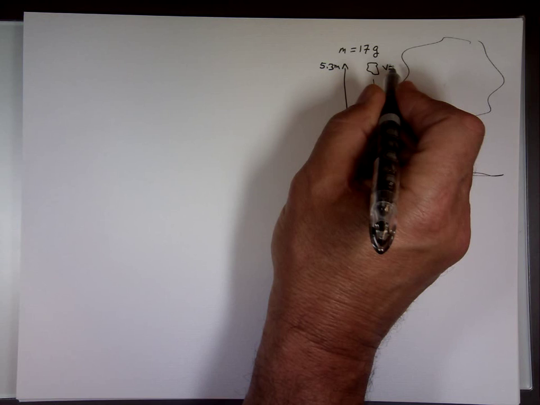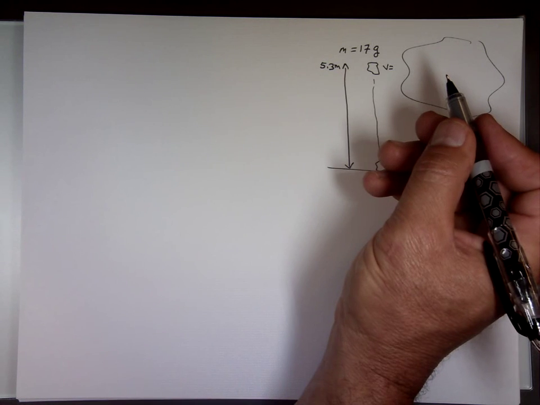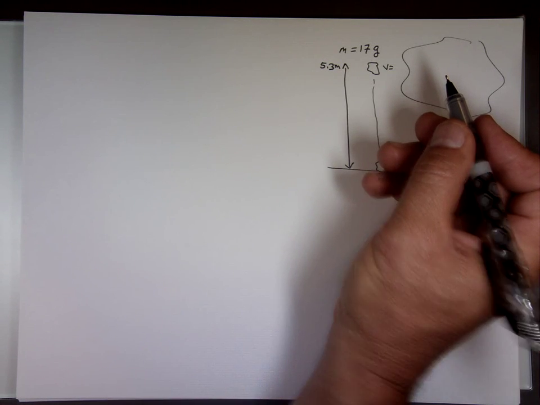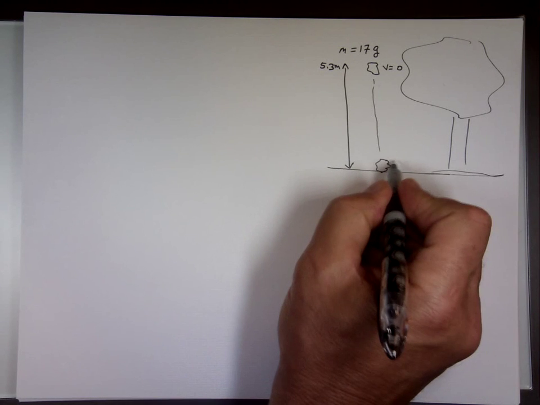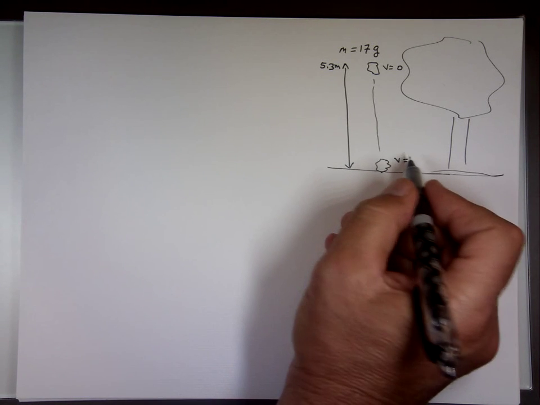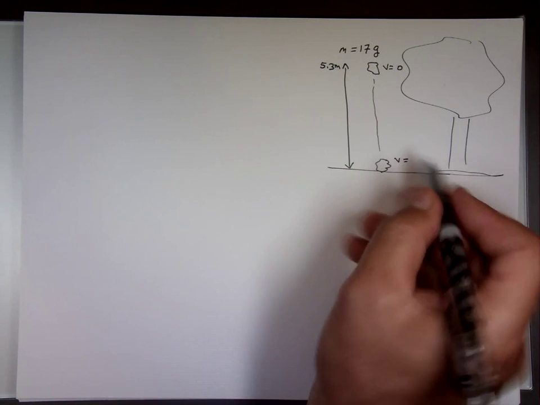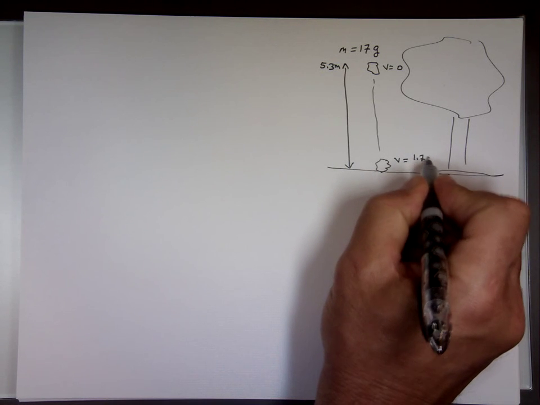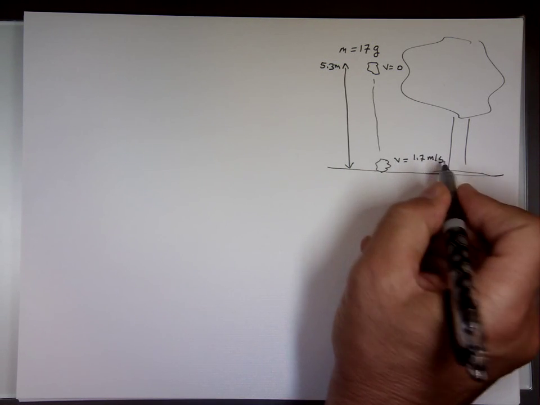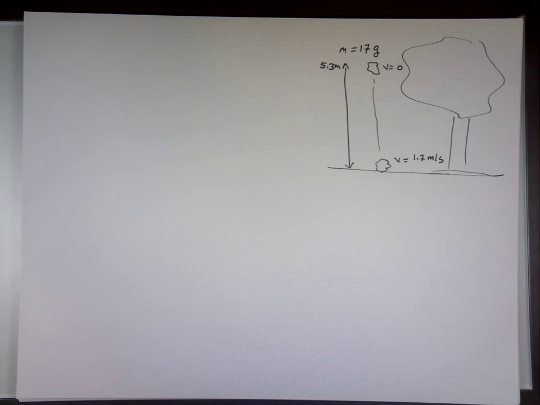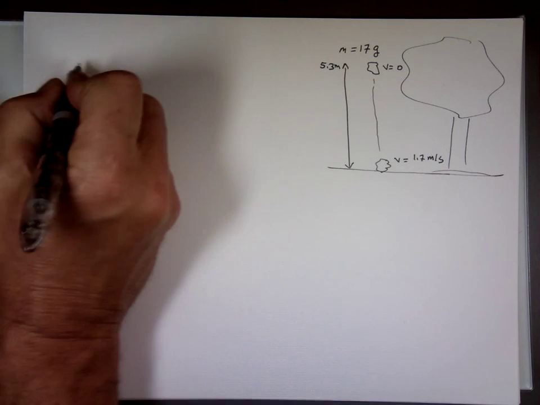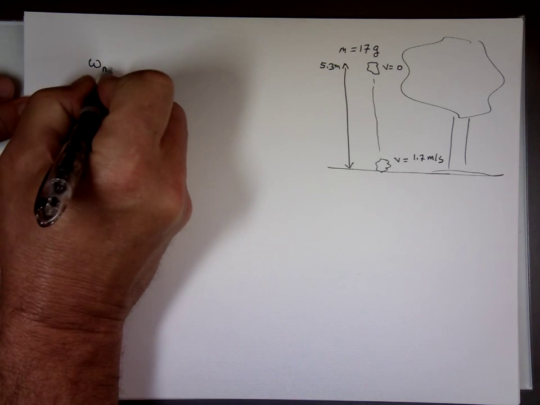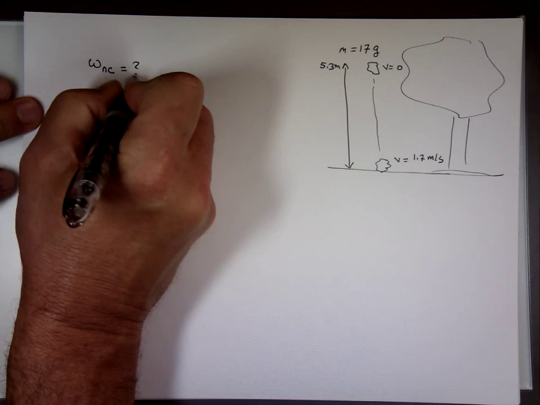What was the initial velocity? 0. When it gets to the bottom, the final velocity, before it hits the ground, was 1.7. And the question, how much non-conservative work done on the leaf? So what is the work done by the non-conservative force? Which means the friction, the wind resistance, the wind pushing it.